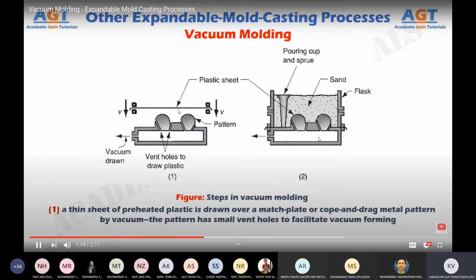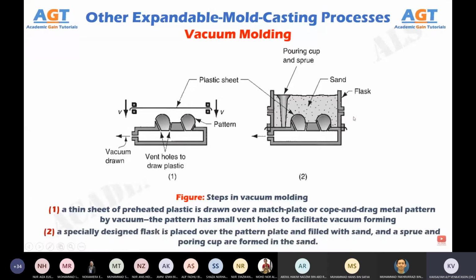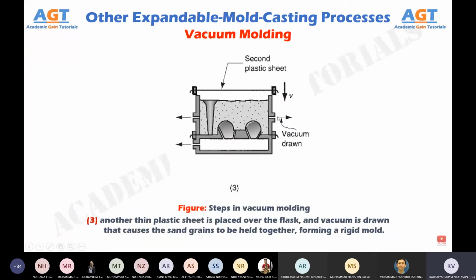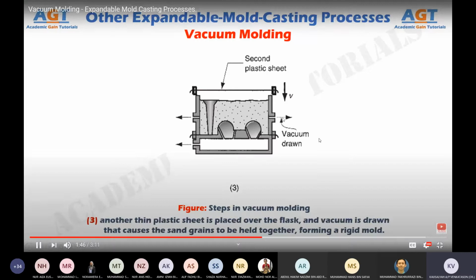To facilitate vacuum forming. Figure 2 shows the second step in vacuum molding, where a specially designed flask is placed over the pattern plate and filled with sand, and a sprue and pouring cup are formed in the sand. Figure 3 shows the third step, where another thin plastic sheet is placed over the flask, and vacuum is drawn, that causes the sand grains to be held together, forming a rigid mold.